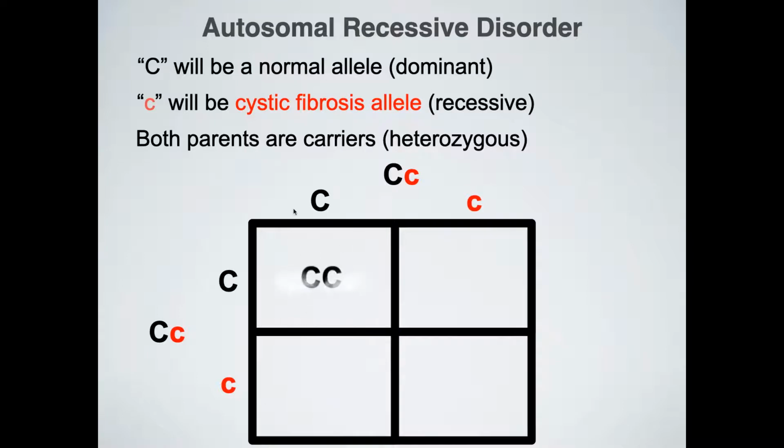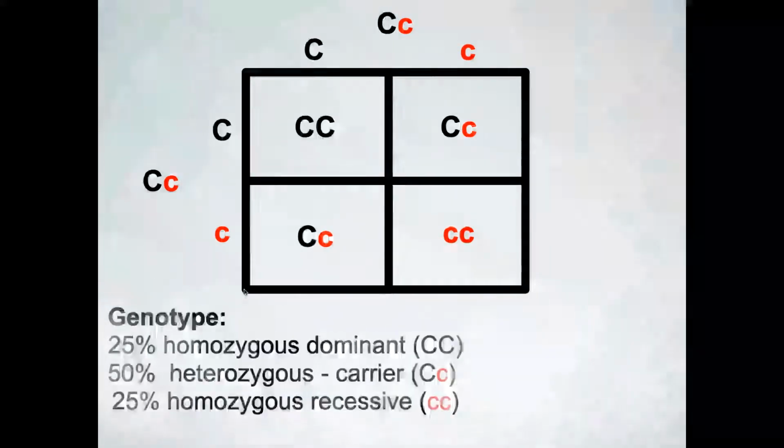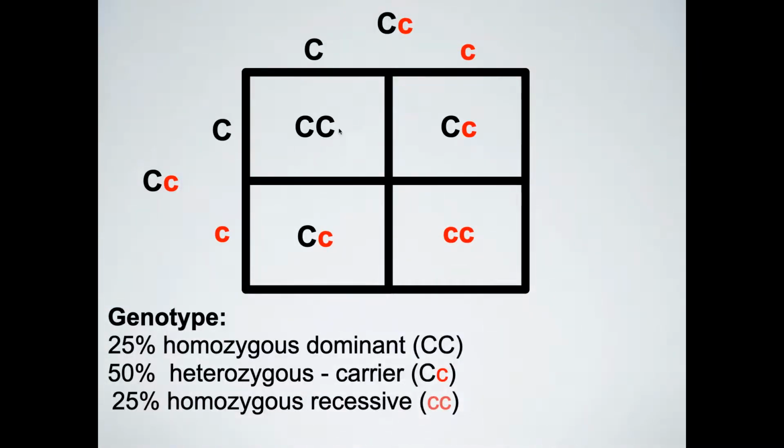And now we have two capital letters, capital letter, lowercase letter, and then one child that has two lowercase letters. So if we're looking at the genotypes for these, that means 25% are homozygous dominant, meaning that they are 100% normal. 50% are carriers.